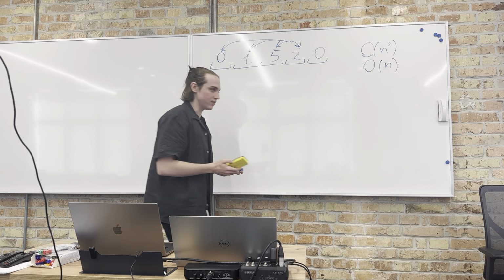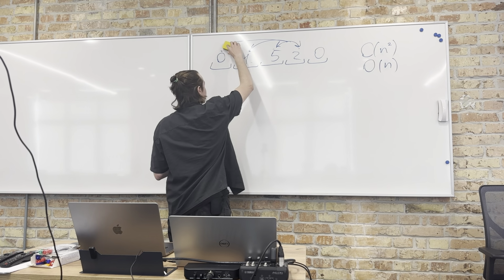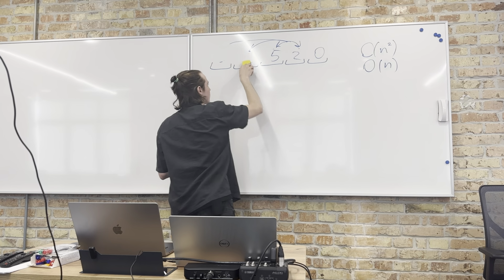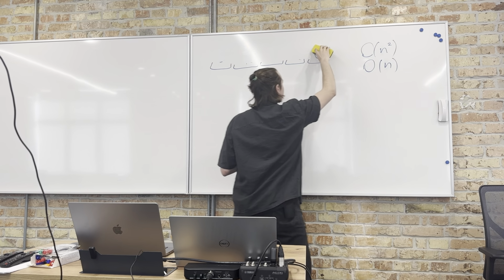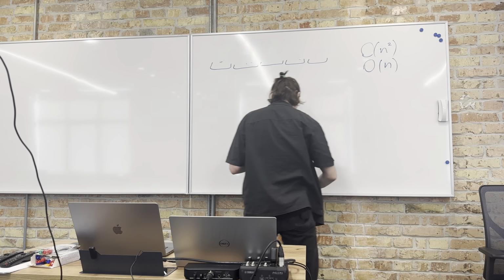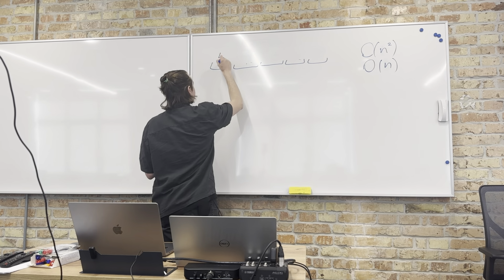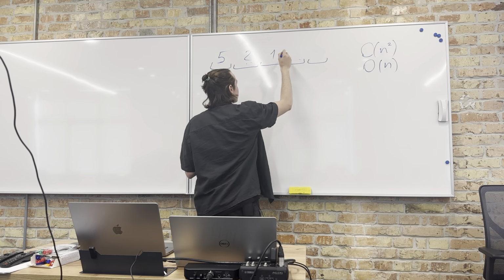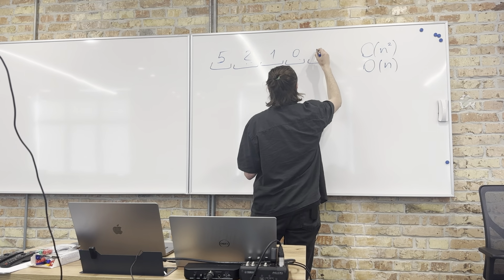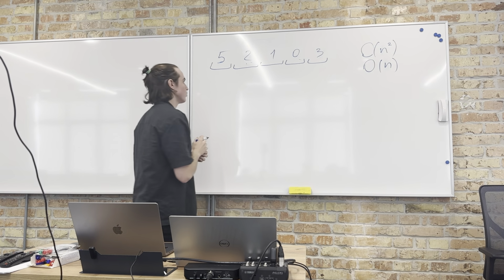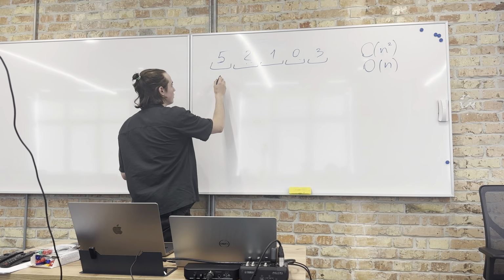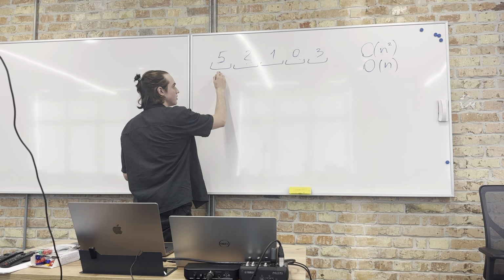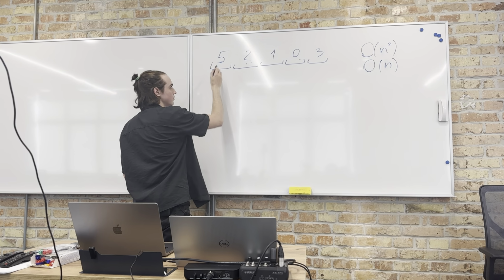This sort is pretty basic too. How does it work? When we start our algorithm, we choose our current element. Right now it is 5.